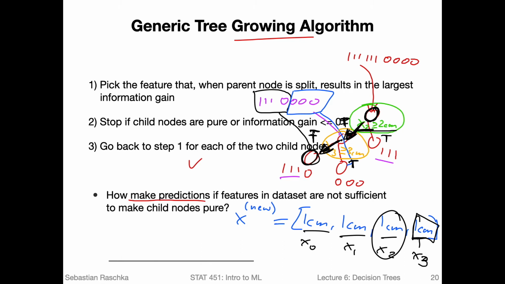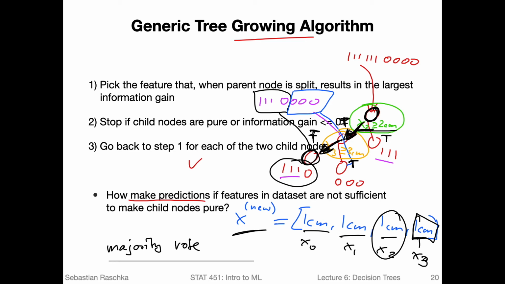Now I'm at this node and I have to make a prediction for the class label for that one. So how do I make my prediction now that I have a node that is not pure? In this case, we can use the majority vote that we also used for the k-nearest neighbor classifier. So we can just compute the mode, or majority vote, of the most frequent class.